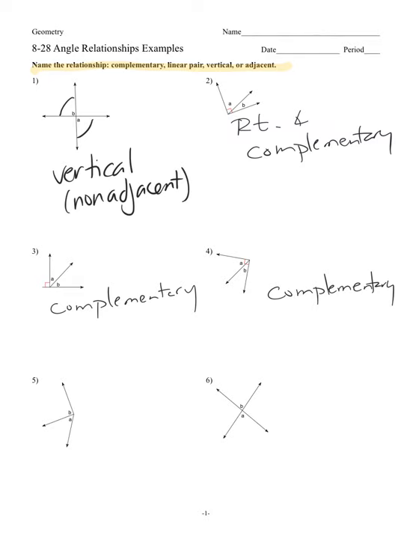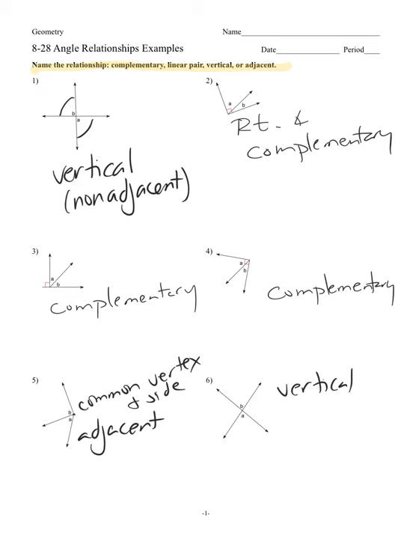How about number 5? Adjacent. Why is it adjacent? Because there's a common vertex and there's a common side, right? What was the last one? Vertical.